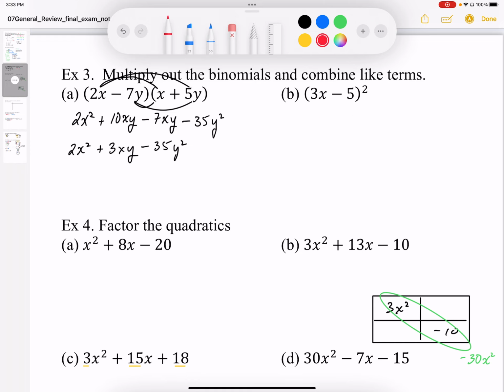What we need to do is, if we want to multiply out a square, we have to do it as multiplication. We can't mix squares and pluses and minuses. So we have to rewrite this as multiplication. And now we can distribute.